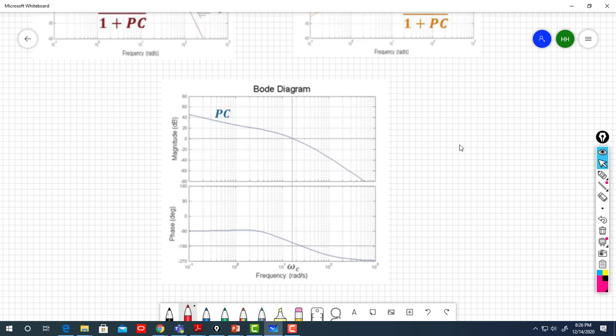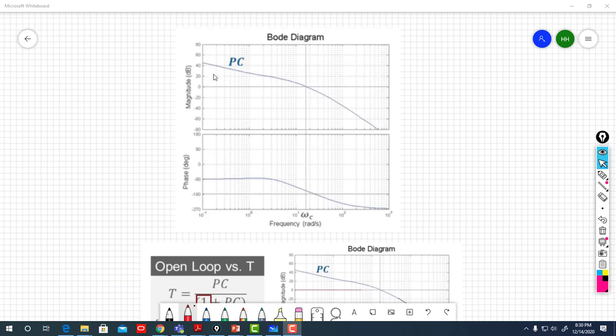That's the basic idea of controller design using frequency response: to add a controller. And we know that in decibels, in logarithmic scale, multiplication is adding the curves together, right? So you need to design a controller C with which you reshape the open loop transfer function to your desired specifications.